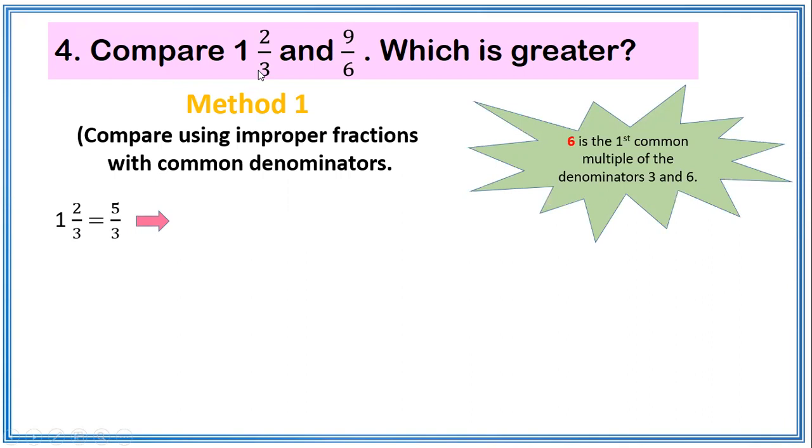Then next. So 6 is the first common multiple of the denominators 3 and 6. So meaning they must have a denominator of 6. So we need to multiply 5 out of 3 by 2 out of 2. So 5 times 2 is equals to 10. 3 times 2 is equals to 6. So 1 and 2 out of 3 is equals to 10 out of 6.